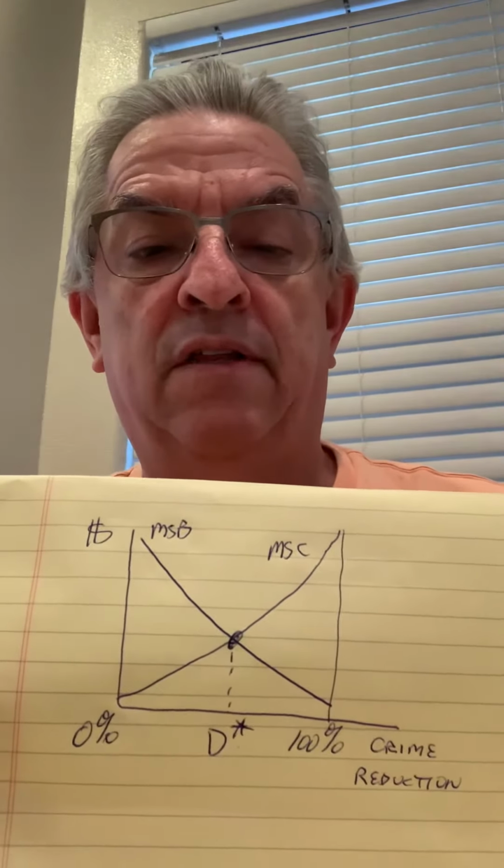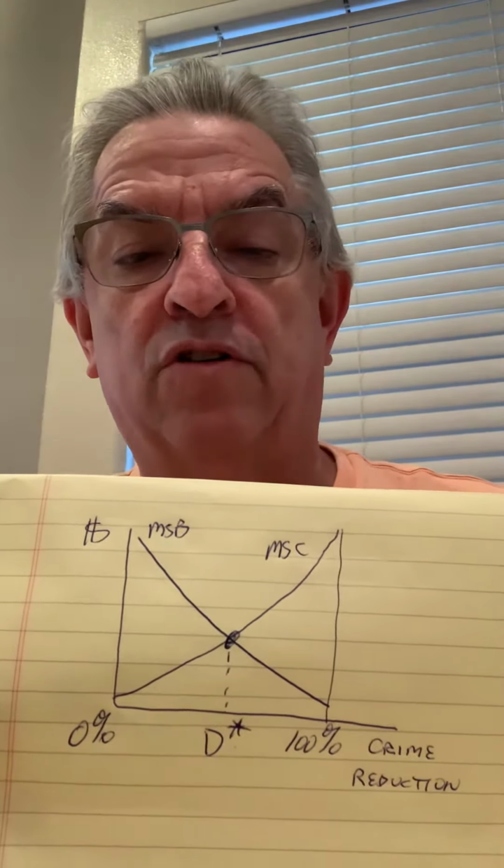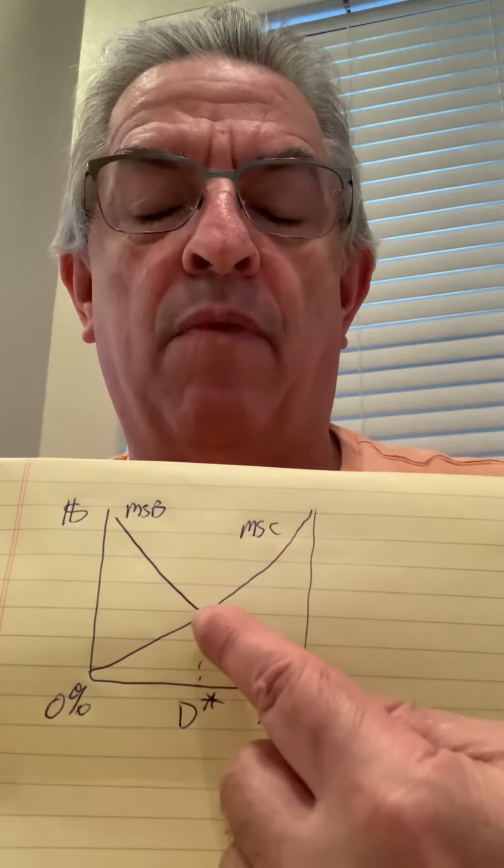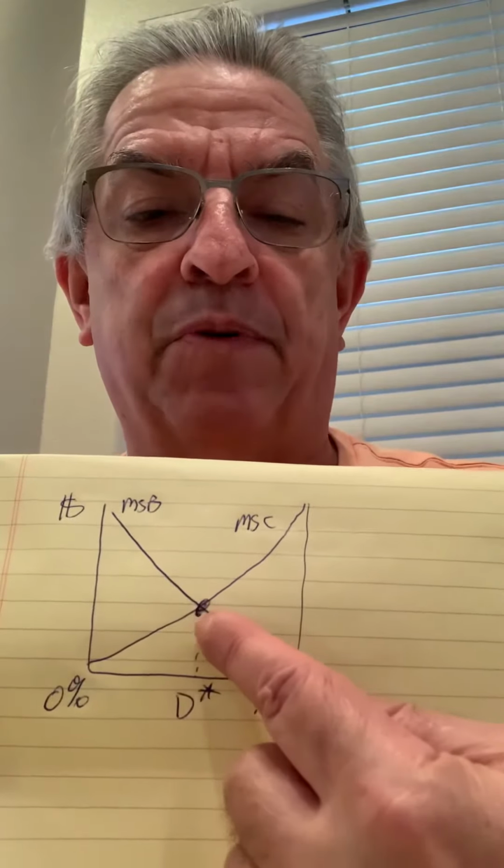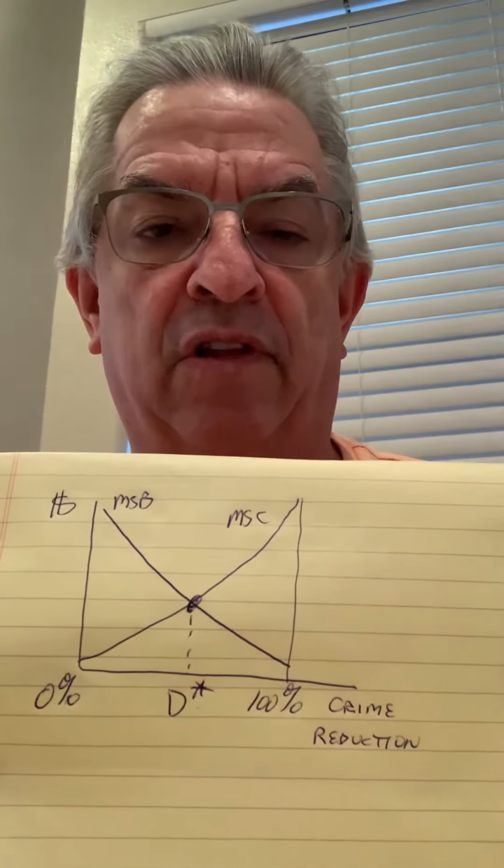We've got the marginal social benefit curve, which you can see is downward sloping. In other words, the marginal benefit of reducing crime even a little bit in a crime-infested neighborhood might be pretty valuable, okay? And as we reduce crime further, we have positive benefits from it, but the marginal benefits are getting less and less and less.